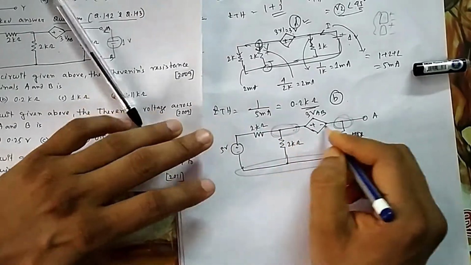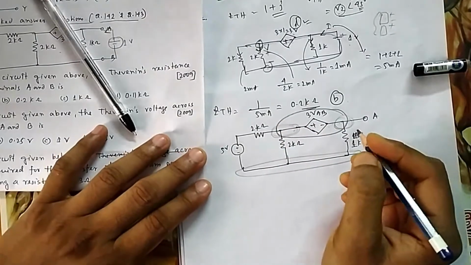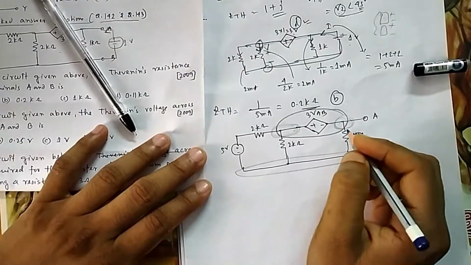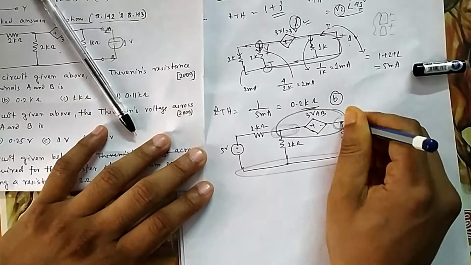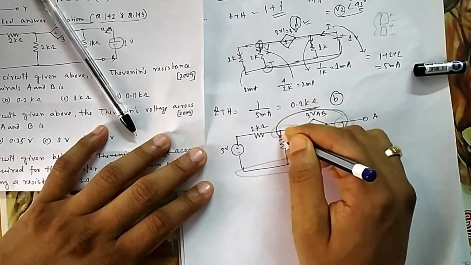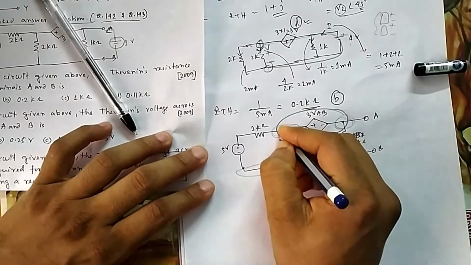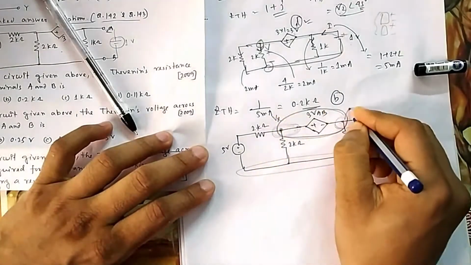But between these two there is a voltage source connected, so it becomes a super node. In the case of a super node, we don't write separately for each; we write the entire equation for this, considering it as one node. Suppose this is Vx and this is Vy.